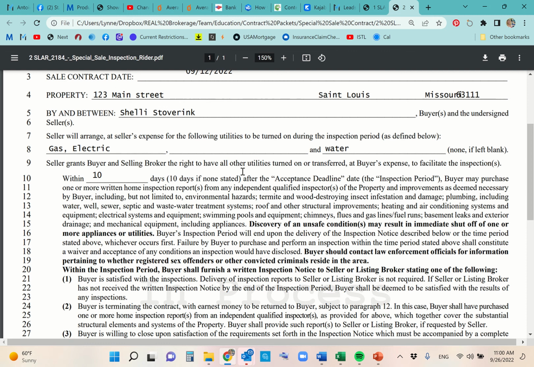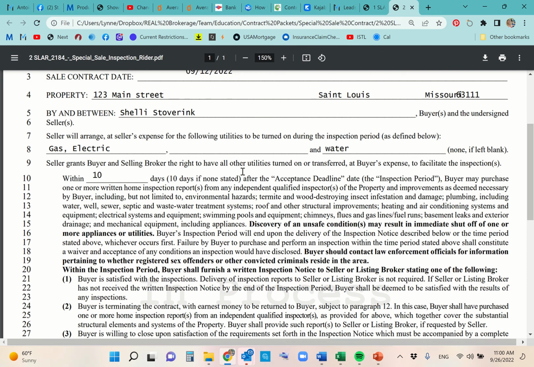So, if that's the case, before you fill this out, you may want to talk to the listing agent to see what can be turned on. And I would say you need to have water to be able to do a sewer inspection. You need to have electric to test things like HVACs, and gas, same thing.